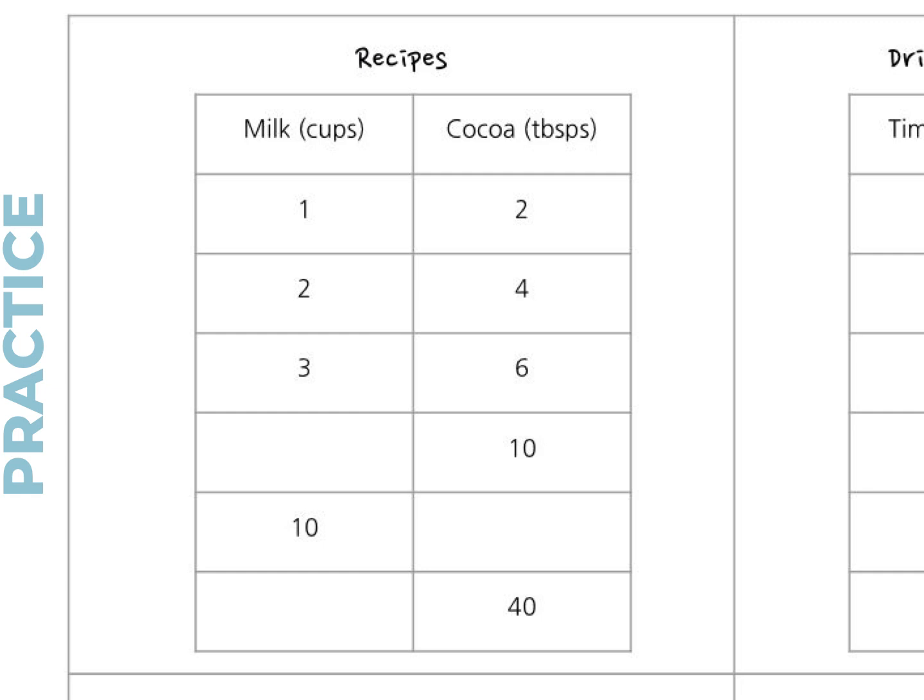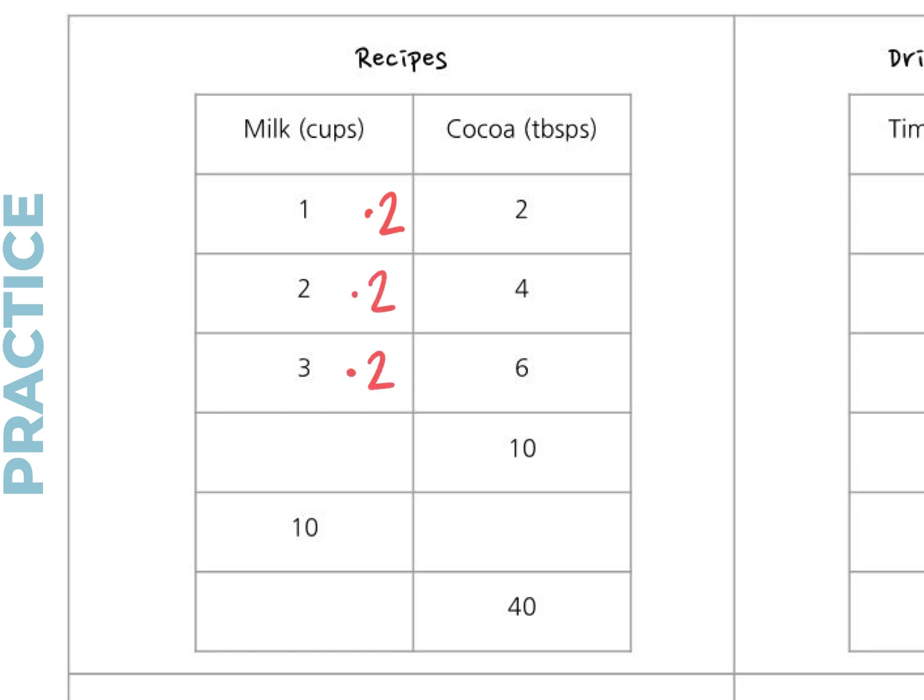So for this first one, we've got a recipe with 1 cup of milk and 2 tablespoons of cocoa as our given ratio. So the cocoa is what compared to the milk? Eva? 2 times more. Yep. 2 times 2 gave us 4. 3 times 2 gave us 6.